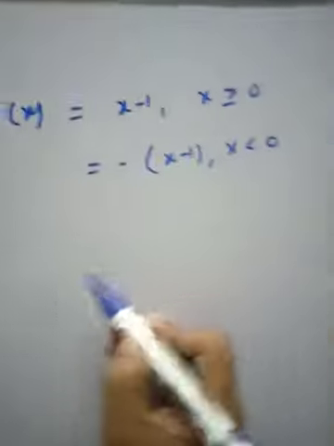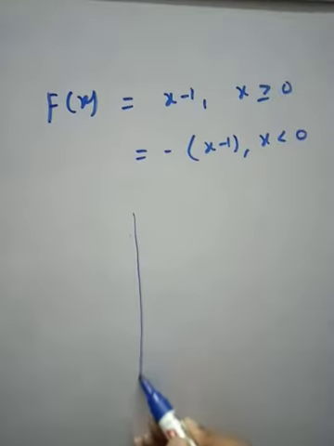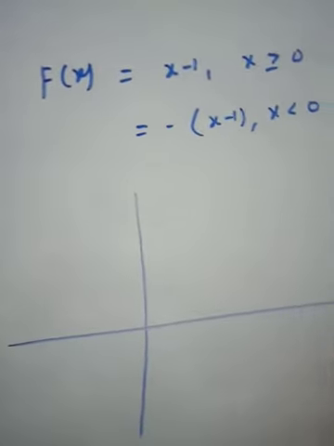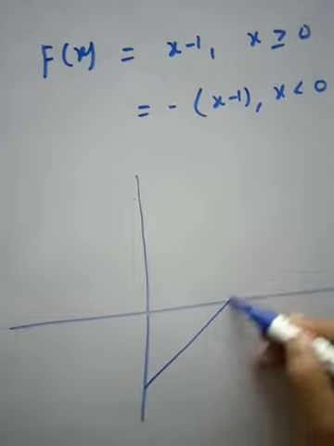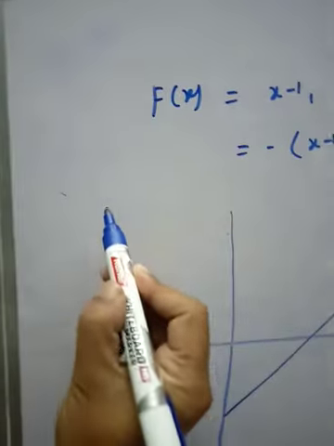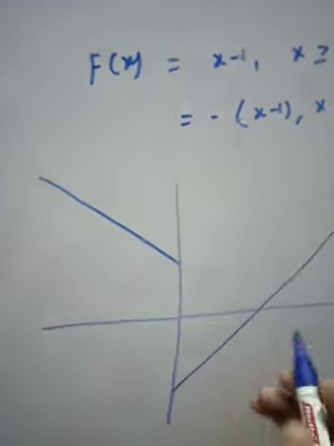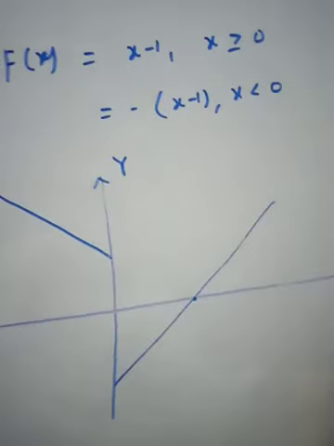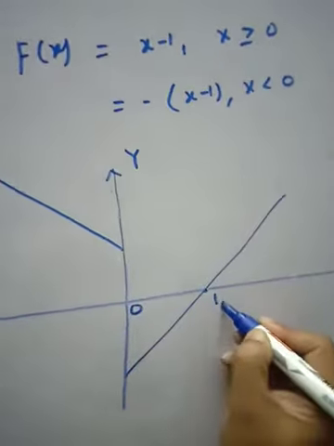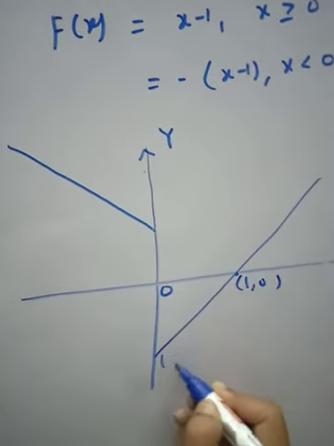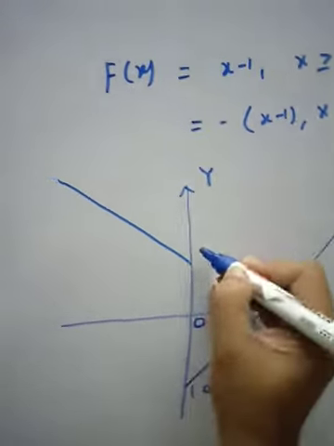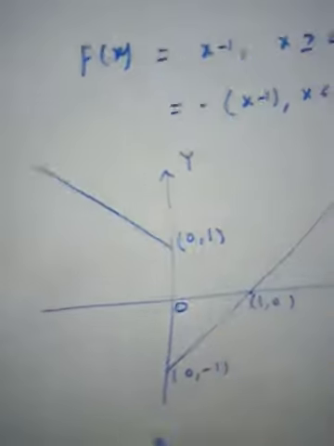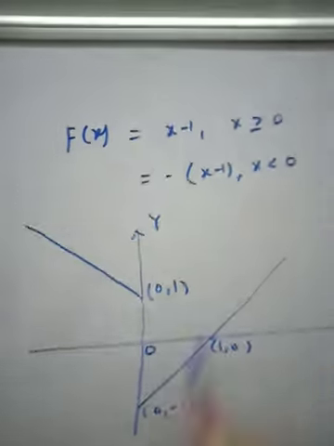So the required parts are this part and this part. Here is the y-axis, this is the x-axis, this is the origin. Here is (1, 0), here is (0, minus 1), and here is (0, 1). So this is the required graph for these conditions.